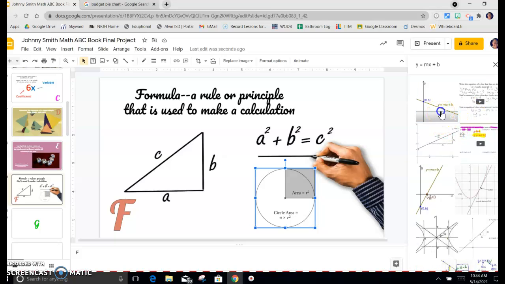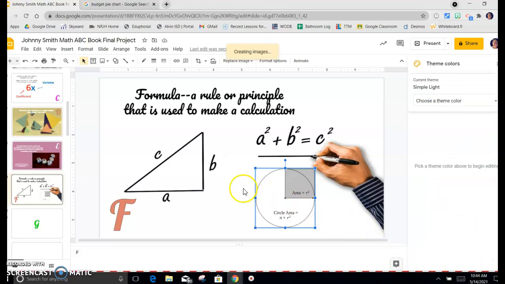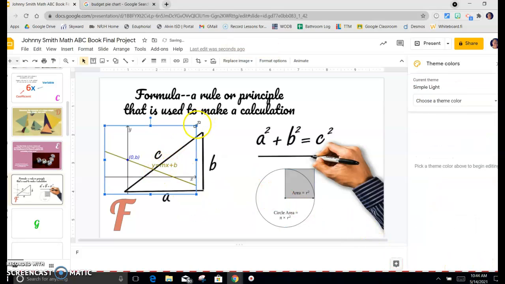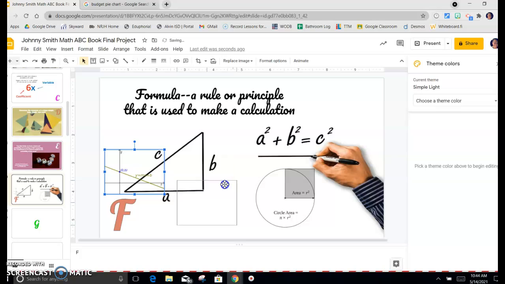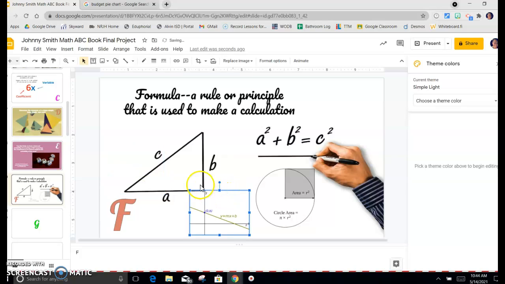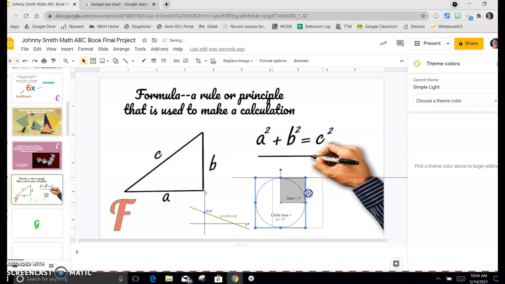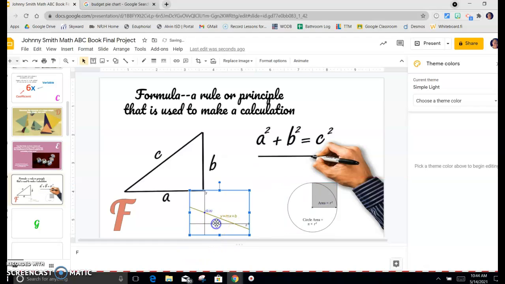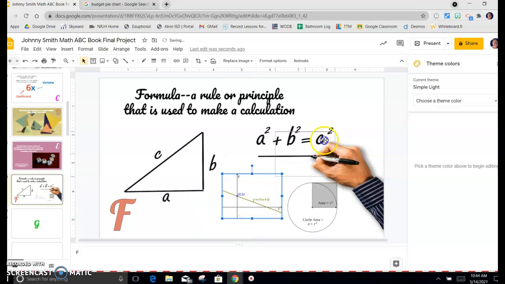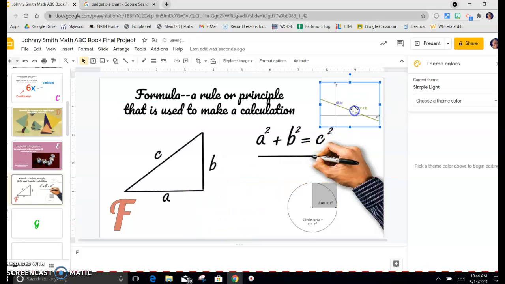So y equals mx plus b is a formula. It's slope intercept form. I might need to shrink that. Boom. Still a way to calculate. Lots of math on this slide, but you get the picture. Actually, let's put this at the top corner.